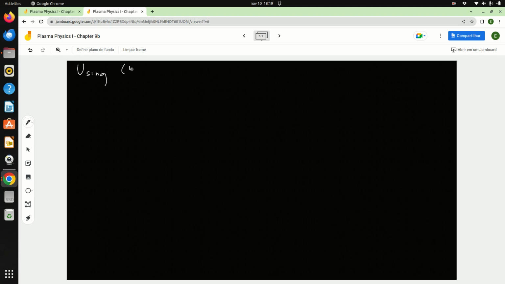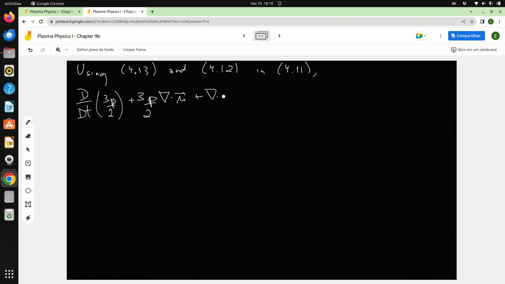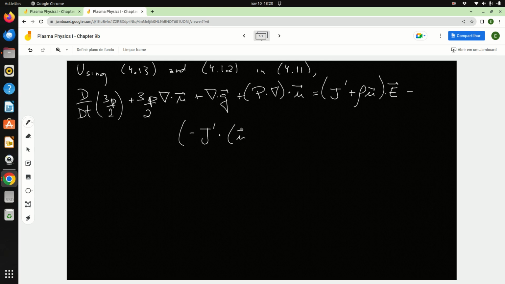Using 4.13 and 4.12 in 4.11, we get d/dt of 3p/2 plus 3p/2 divergence of u plus divergence of q plus P dot nabla dot u is equal to J prime plus rho u dot E minus J prime dot u cross B minus rho u dot E.